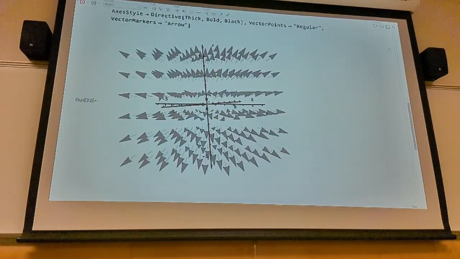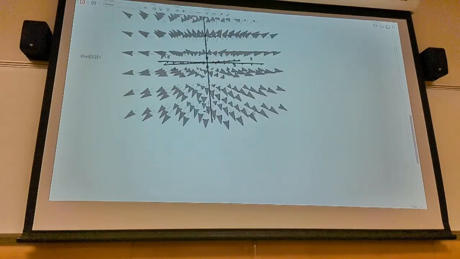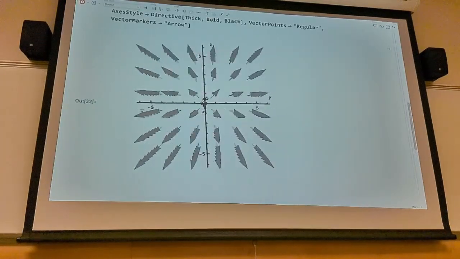What do you think a gravity field would look like? It would be like the opposite of this. It would all be pointing towards the origin. Gravity field is still radial, but it all points towards the center. So is an electric field and a magnetic field. I kind of like that.